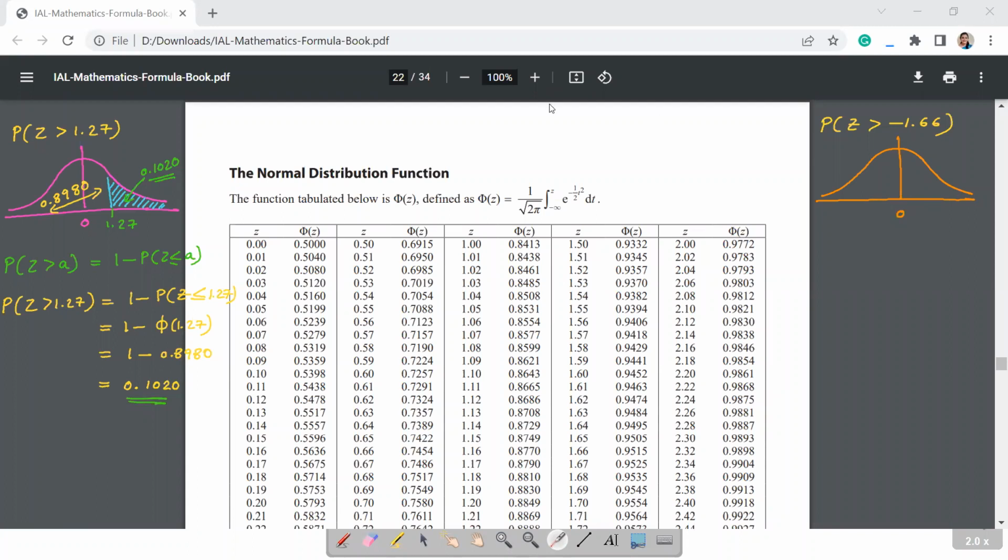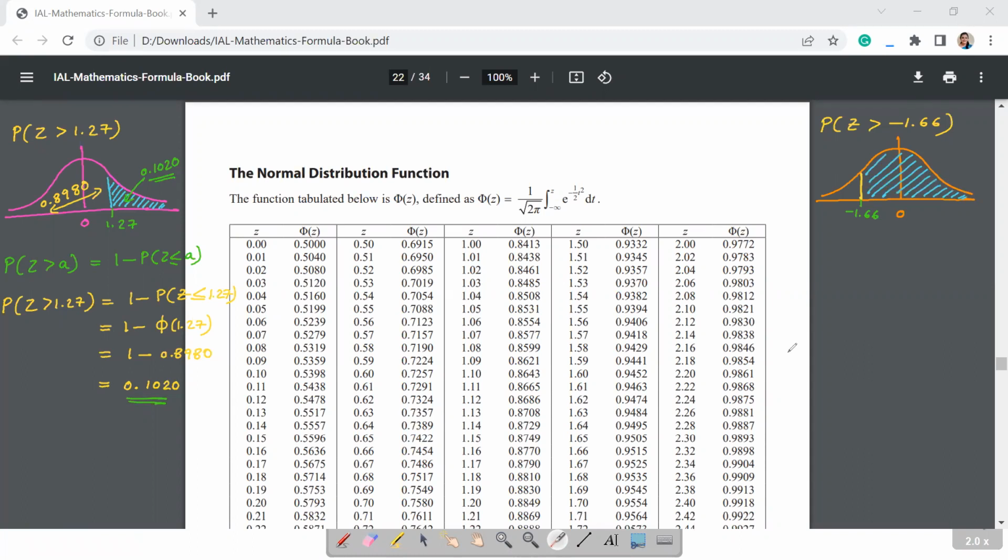This is 0. This is minus 1.66. So minus 1.66 is behind 0, right? And here, what's the area you're supposed to find? You're supposed to find the area Z is greater than minus 1.66, right, guys? So you need to find this area.